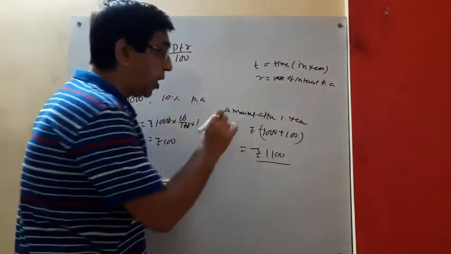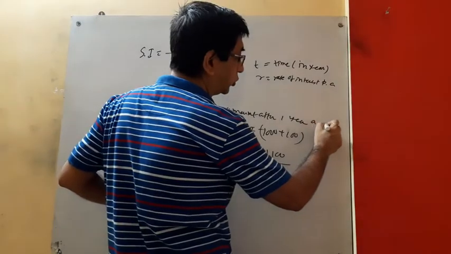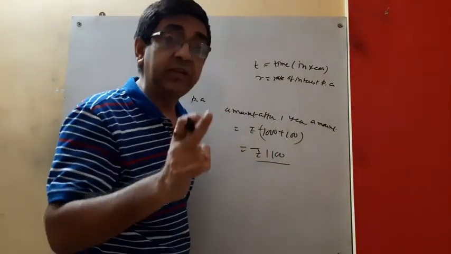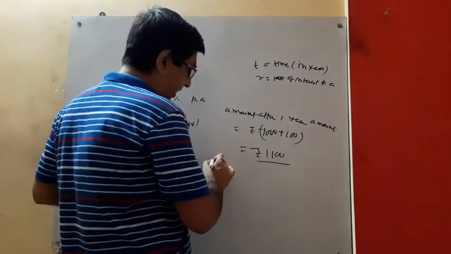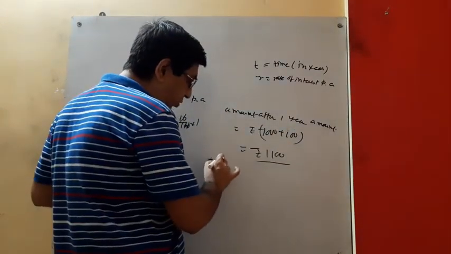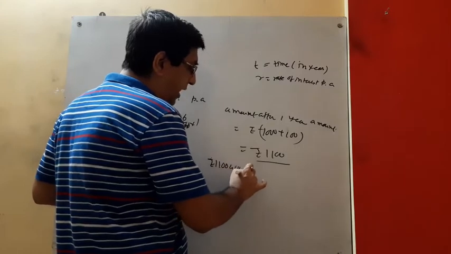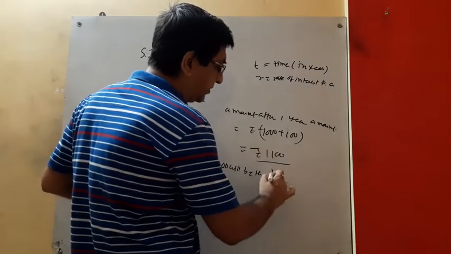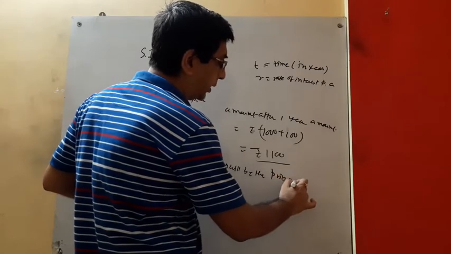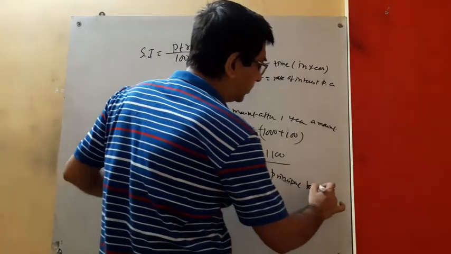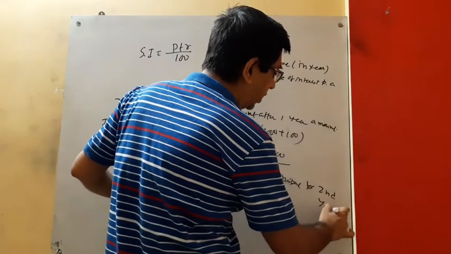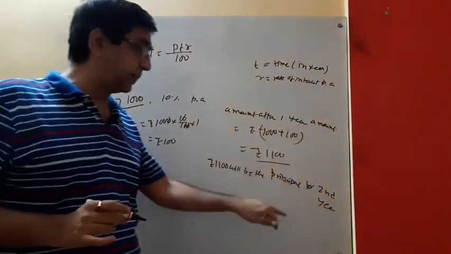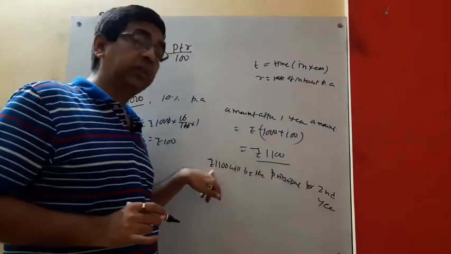This is the amount after 1 year, and this ₹1100 will be the principal for the second year. Look, in the first year the principal was ₹1000, but in the second year the principal is ₹1100.